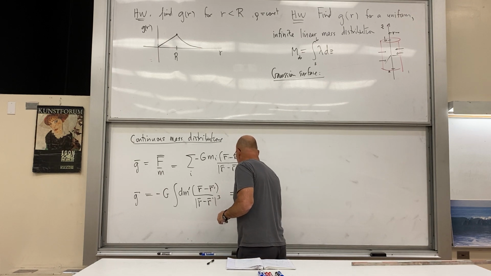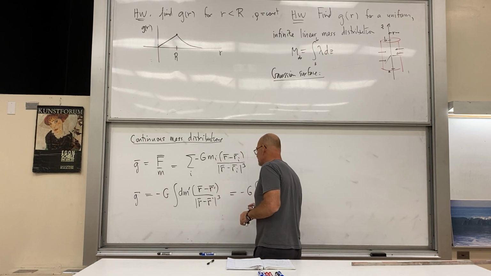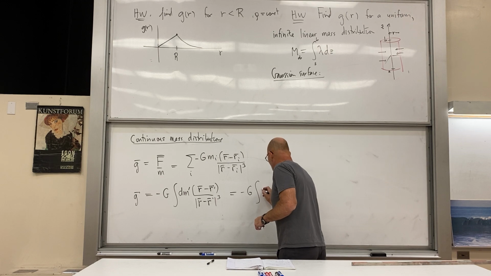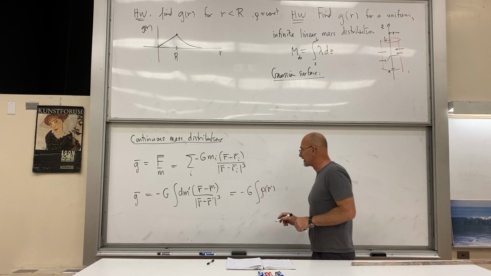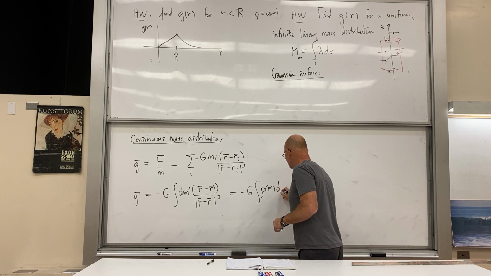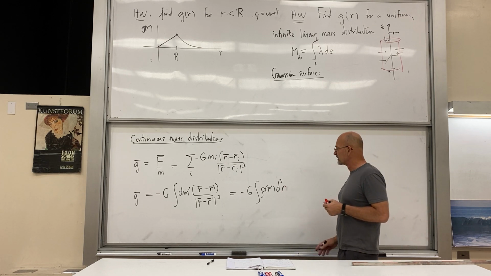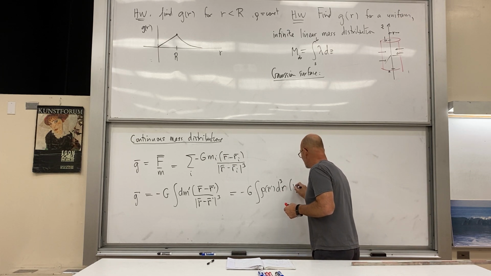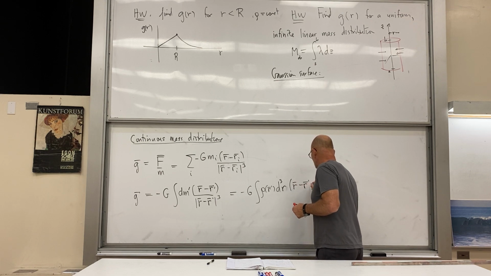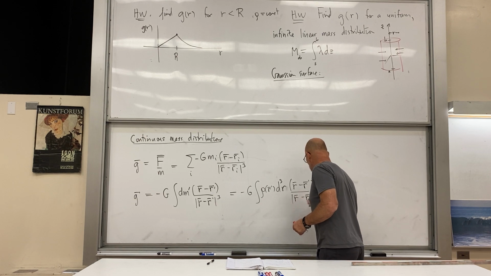We could also write this as minus G integral. We can have a density of R prime, because the density doesn't have to be in D volume. Sometimes I write D3R, I just mean the volume element there. And then R minus R prime over R minus R prime cubed.